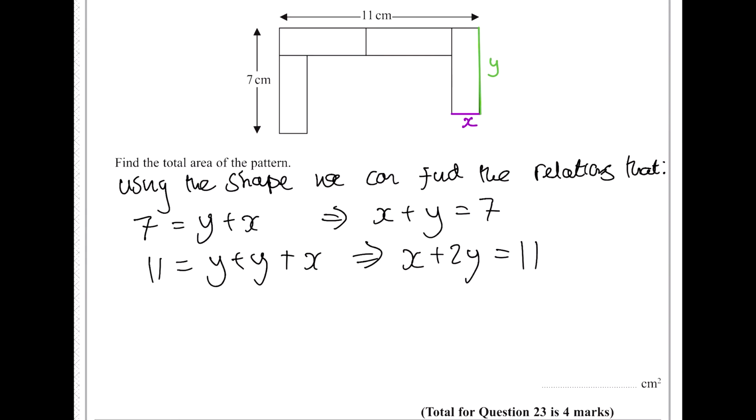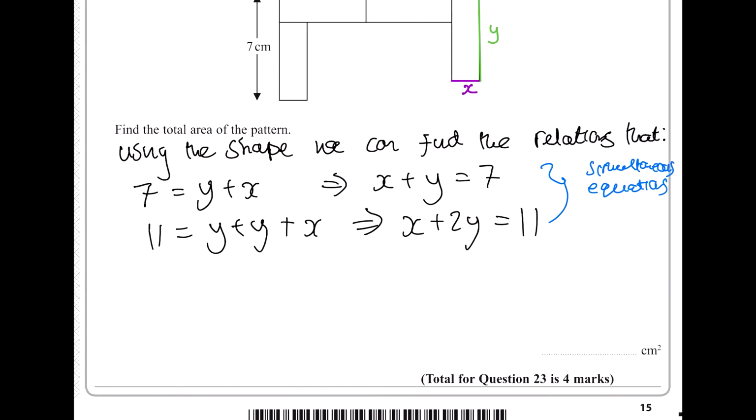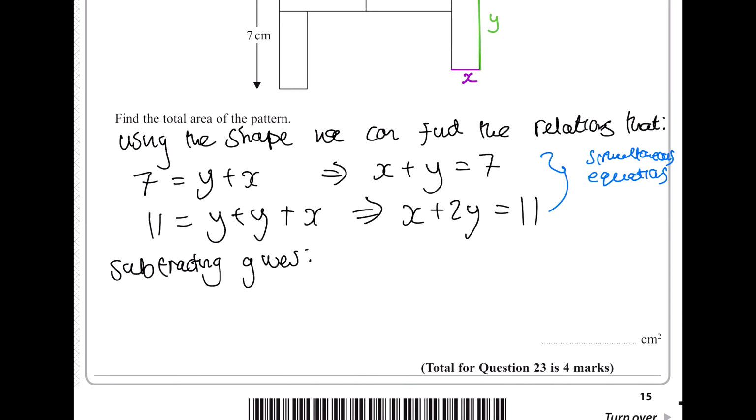Now these are simultaneous equations. So if we solve these, we can subtract the 2. If we subtract them, let's do this bottom one, take away this top one.